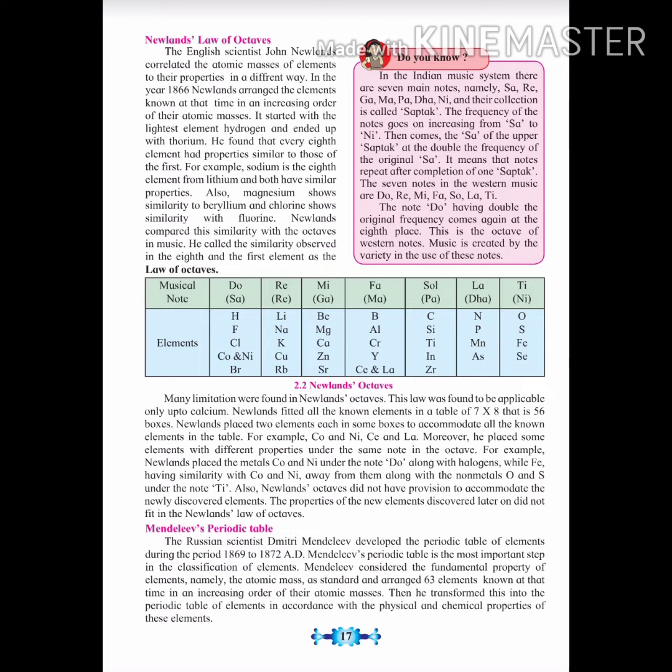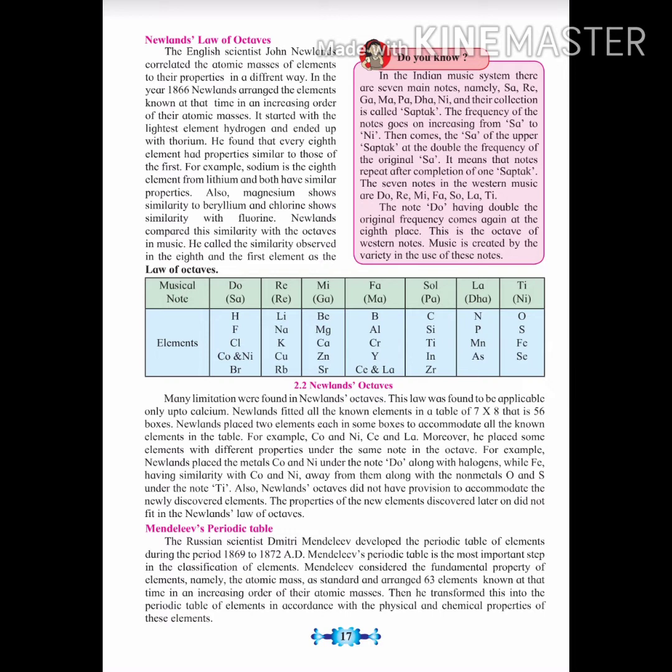But still there were some problems, because as these elements were being arranged, new elements were discovered. So where to fit them? Some elements which show different chemical properties were kept in the same group. Some elements were metals, but they were kept in the non-metal group. So this was all happening.